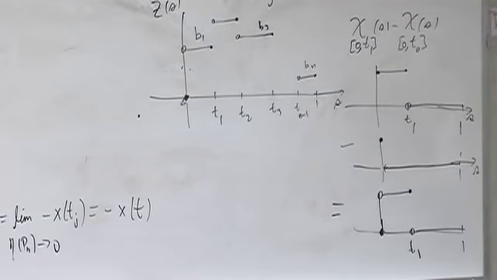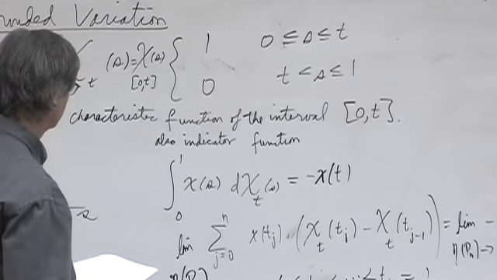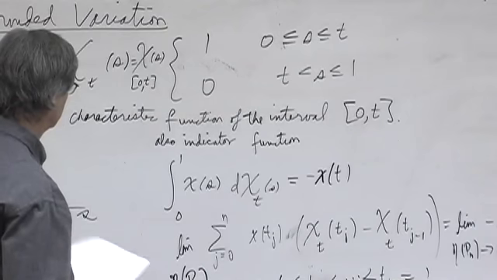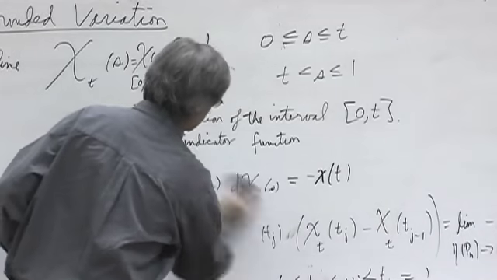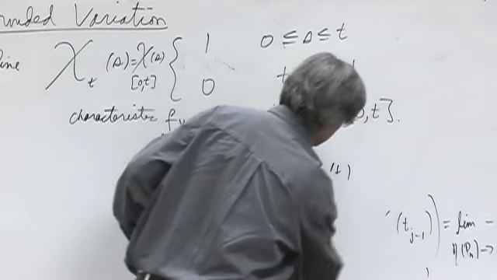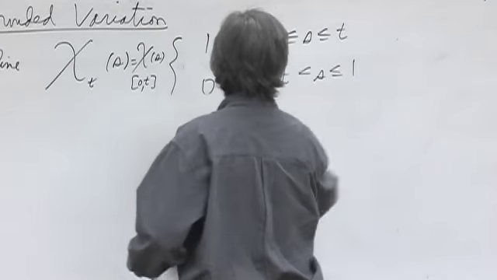Okay? So you can make this function, and so what's a theorem? The theorem is: let f be a bounded linear functional on C[0,1].